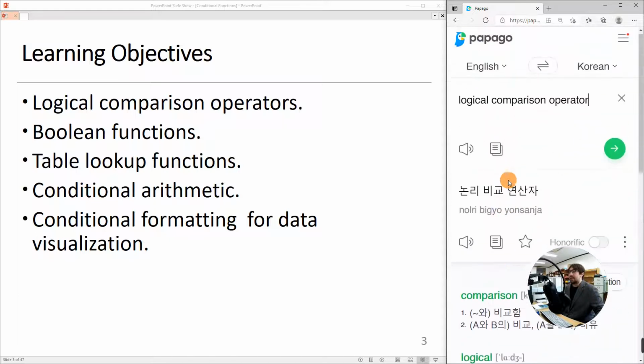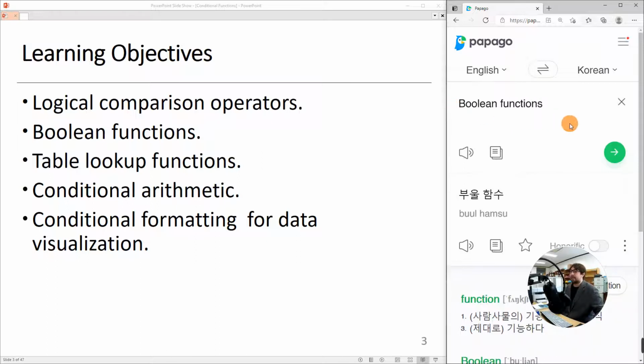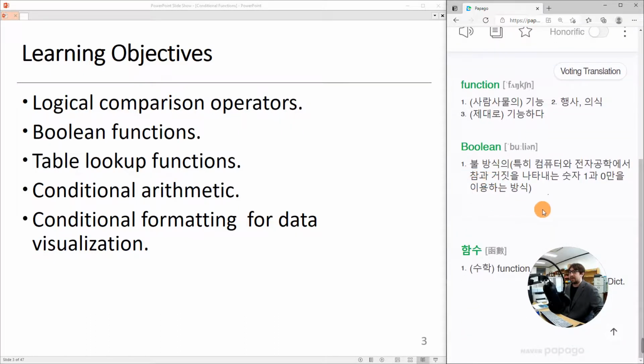So then we will continue with Boolean functions. Boolean functions, I think the pronunciation is similar. You know what is a function, and please check out what is Boolean here.